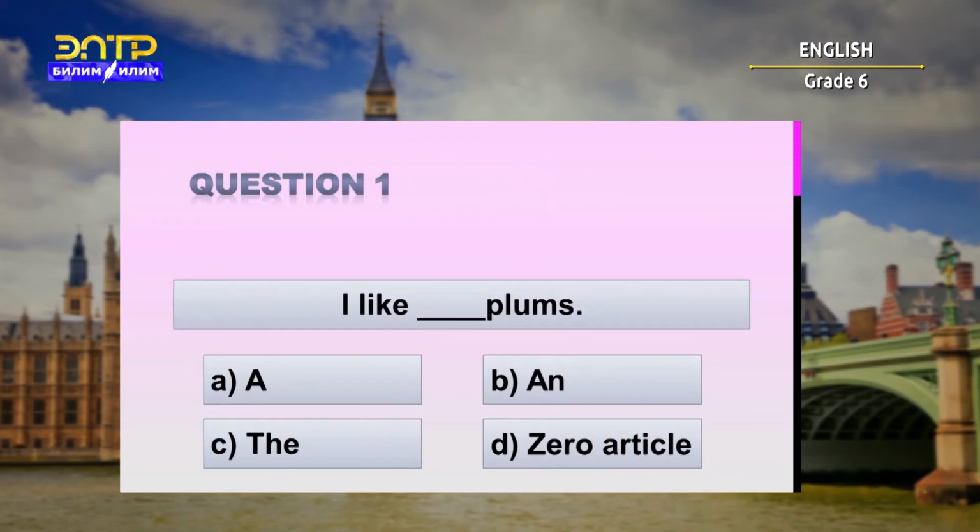Let's check your knowledge about articles and do the test. In this task, you should choose the article that fits the sentence. The first sentence, I like plums.